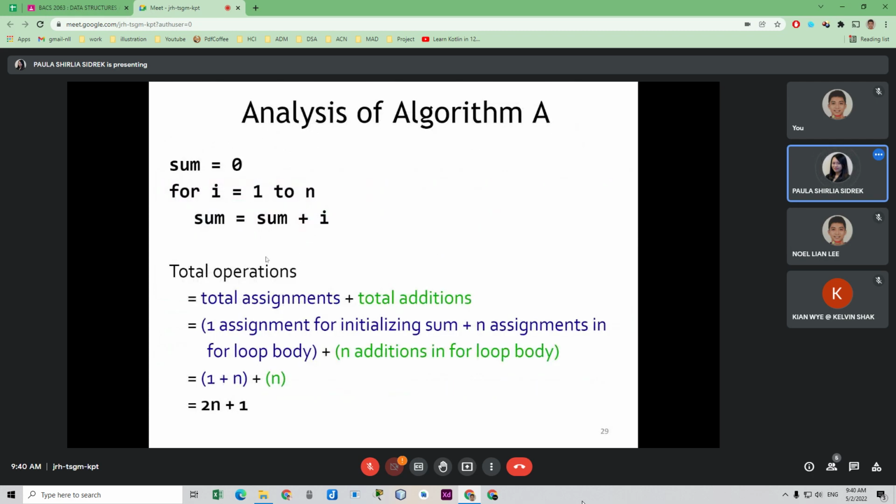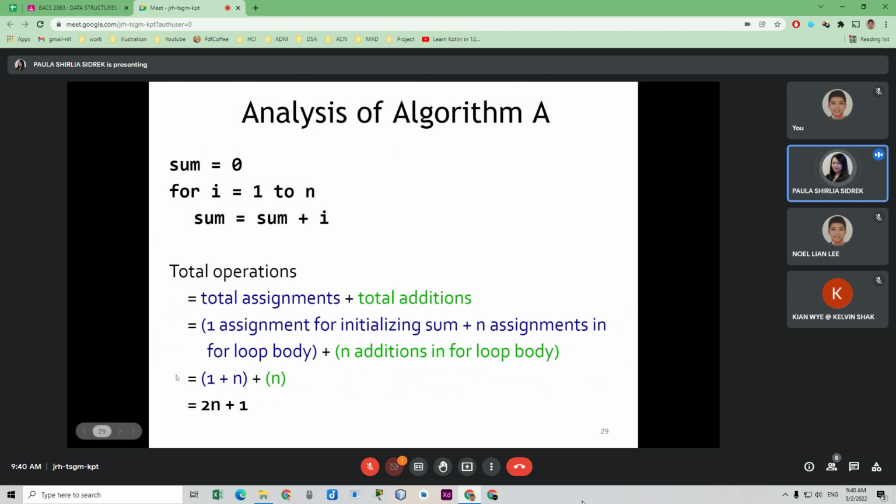Next one. So here you have total operations, total assignment, plus total additions. Okay. One assignment for initializing sum, one assignment in the loop body, and an assignment addition in a for loop, an addition in for loop body.